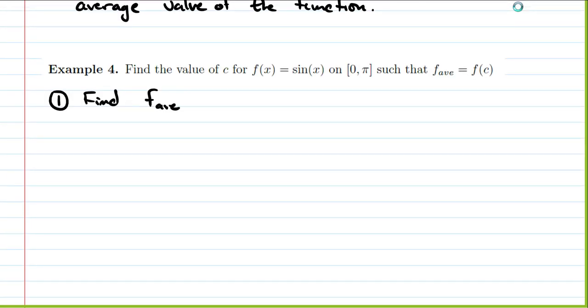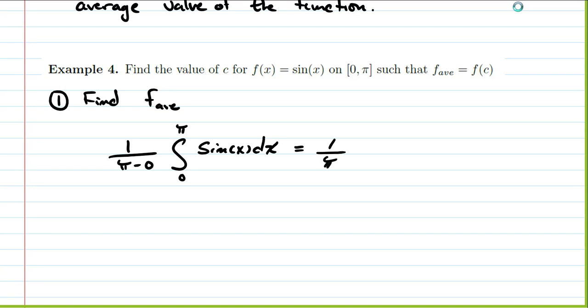We know f average is 1 over b minus a times the integral from a to b of f of x dx. So we get 1 over pi times the integral, and what is the antiderivative of sine?